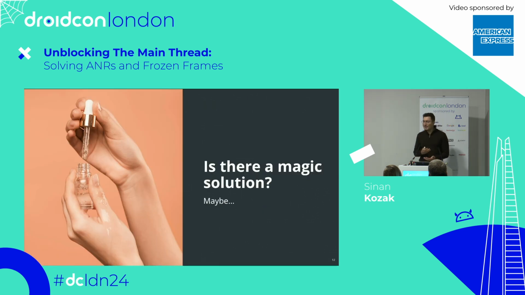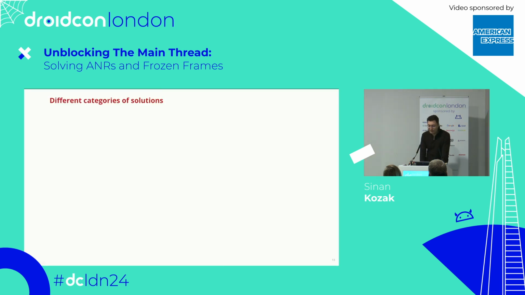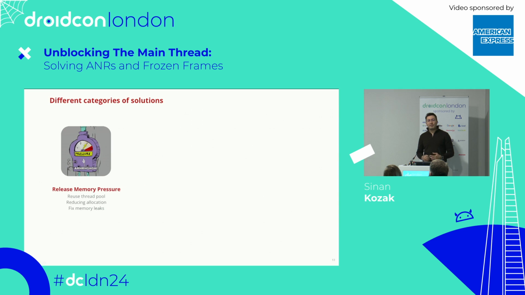But since you're here, is there a magic solution that I will share? There are some things that I would like to mention. First of all, releasing the memory pressure. It's the crucial step of fixing performance problems, because when your application doesn't have enough resources to operate, especially in RAM, it will try to run garbage collection more.